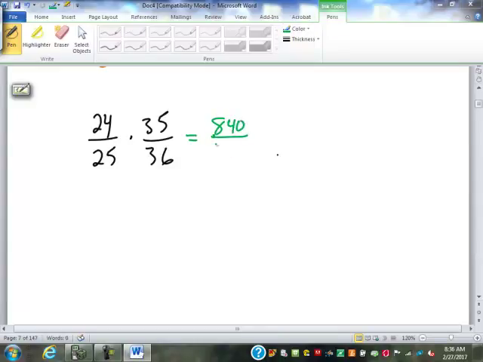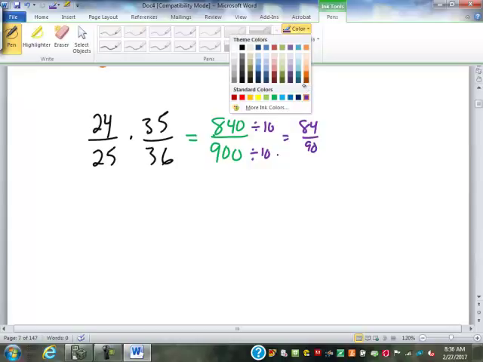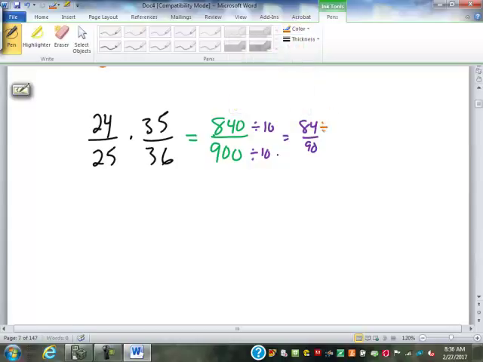And 25 times 36 is 900. And then you could reduce that. Now, of course, you'd probably look at it first and you'd see the zeros. And you'd say, okay, both of them can be divided by 10, so we'll do that. So this is 84 over 90. Then you might see that both of them can still be divided by what?